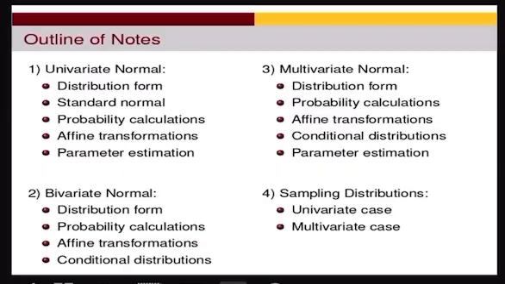From there, we talked about affine transformation, where there is a linear relationship or linear combination between two variables, such that if the first variable follows a normal distribution, the other variable will also follow a normal distribution. I finished that with parameter estimation.